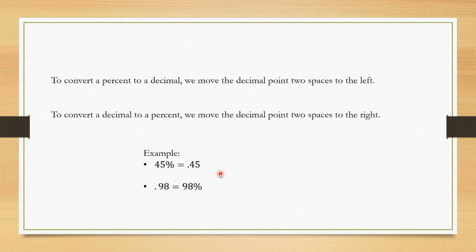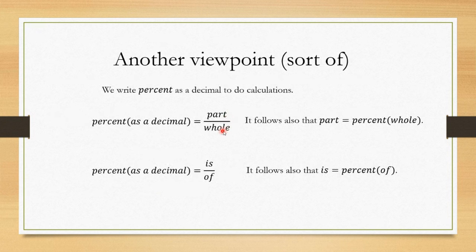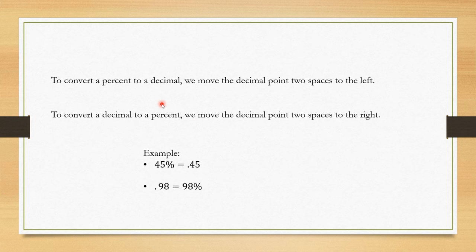Okay, so that's what percents are. But to actually work with them, we're going to use these equations. Essentially, when you have a percent and you want to work with it, you convert it to a decimal, which is what this slide was telling us.